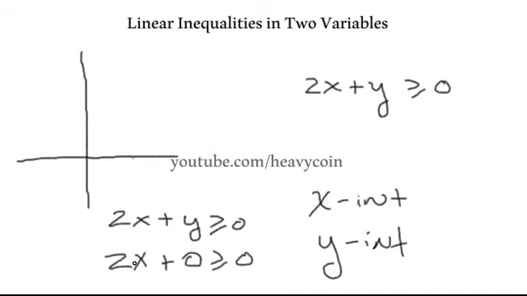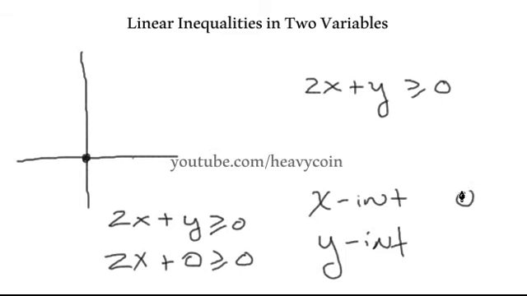Well, it turns out that x is equal to 0. When y is 0, x is 0. That's what it looks like. So we're looking at crossing through the origin right here.